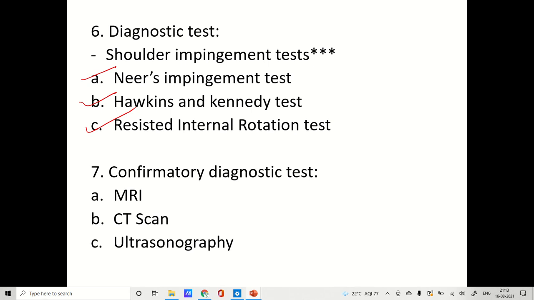One more thing, what is the diagnostic test to identify whether it is primary or secondary? That is your subacromial decompression test. Coming down to confirmatory diagnosis. These are your physiotherapy diagnosis. Do not rely too much on this, because sometimes in frozen shoulder, the patient doesn't tell you that it was impinged.